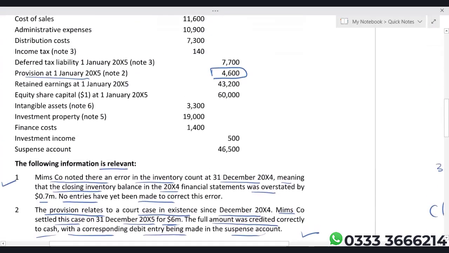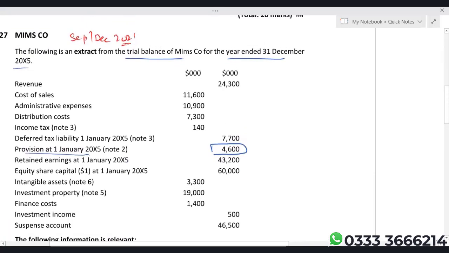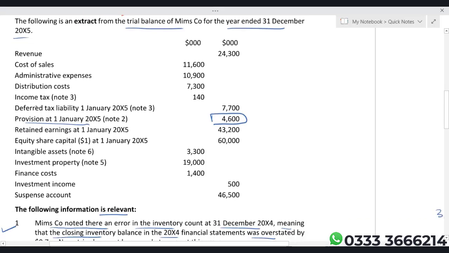Let's come here. Trial balance. Income tax value, we have 140. This is under provision because of the debit side. Deferred tax is 7,700.